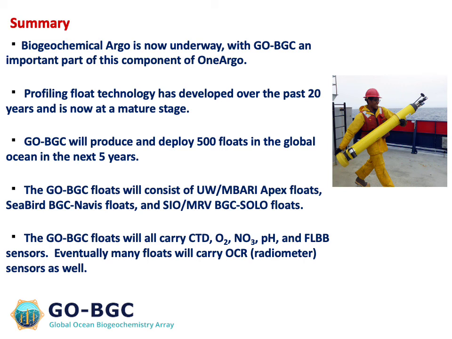The U.S. will be working on that, and that's great. And of course, each of those BGC floats is also an Argo float, and makes GO-BGC an important part of one Argo, which is Core Argo, Deep Argo, and BGC Argo together.